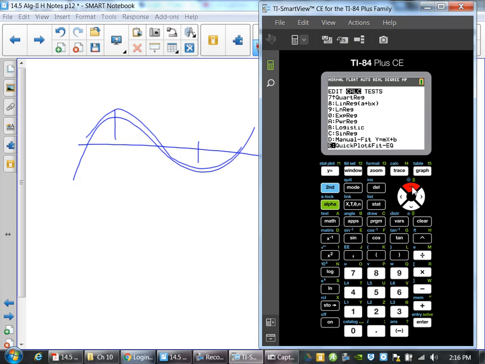Alpha? Where's sine? Nice. I don't know why it's that.